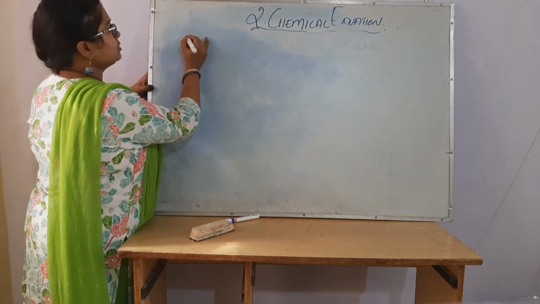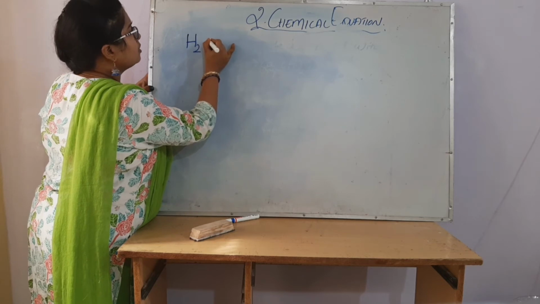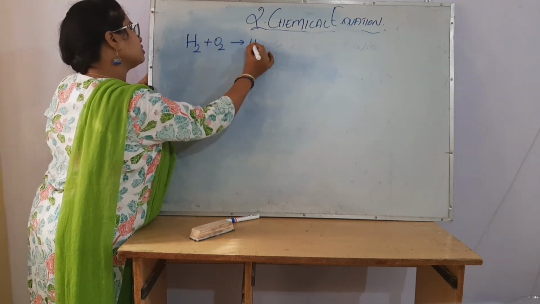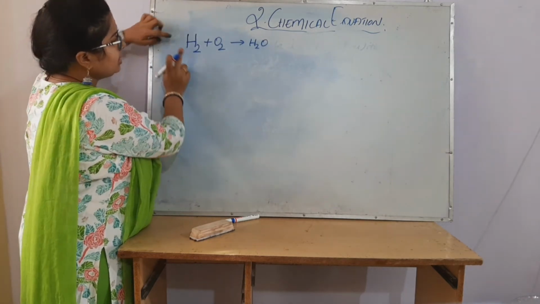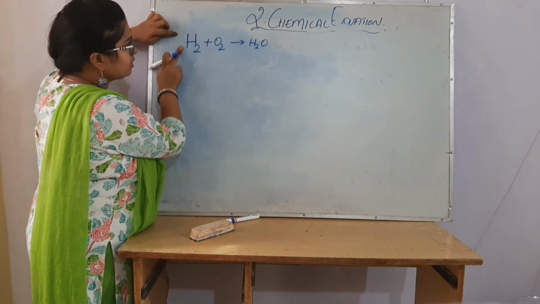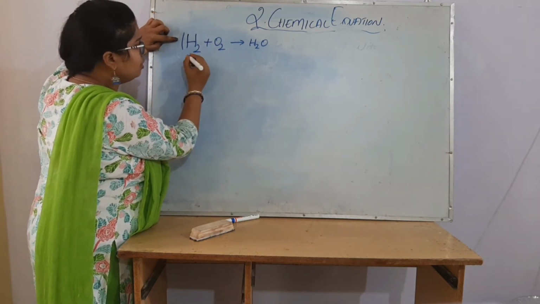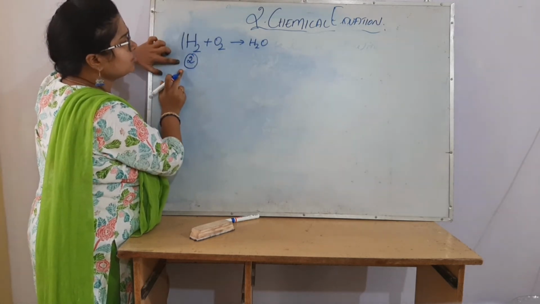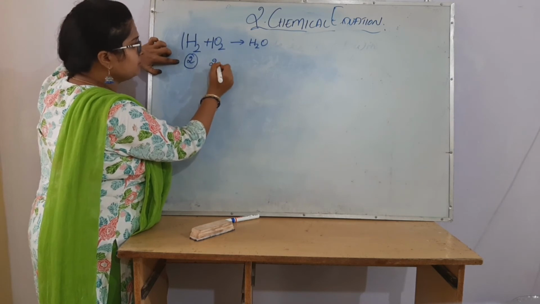So here you see, hydrogen plus oxygen gives rise to water, you know. See, here nothing is there for the coefficient, it means it is 1. 1 into 2, 2. Here also nothing is there, 1 into 2, 2.